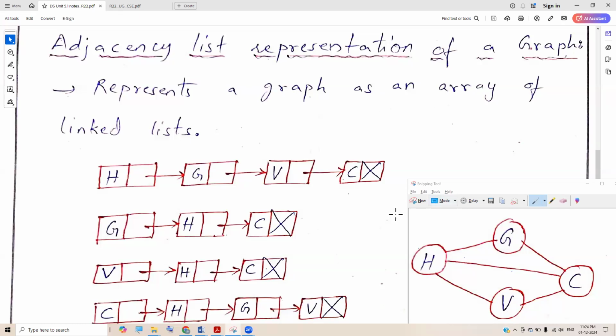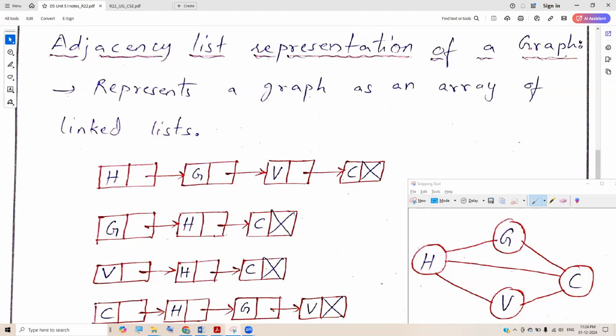So let us see how we are getting 14 from the 4. If you count the number of edges in the graph given here at the bottom right, we have one edge from H to G, G to C, H to C, H to B, V to C. A total of 5 edges we have.